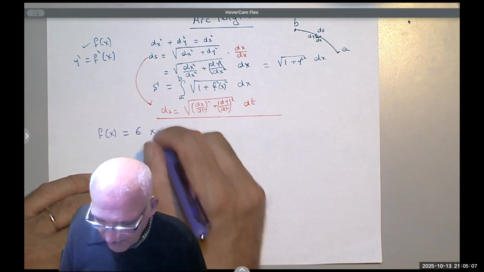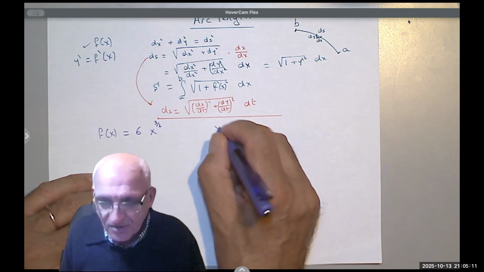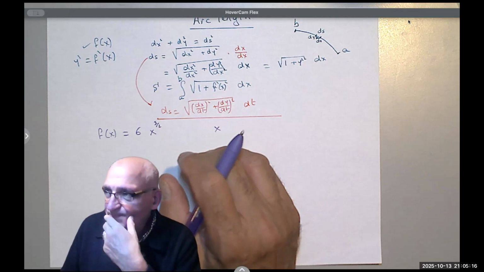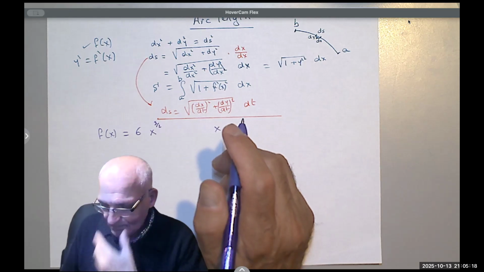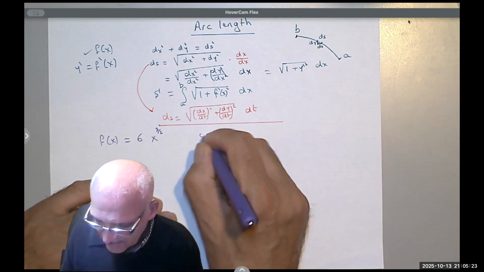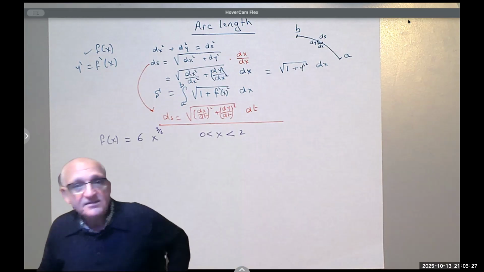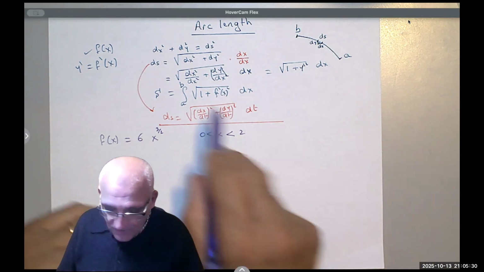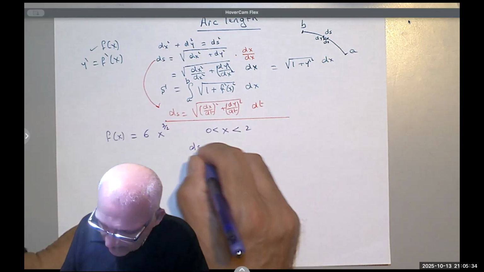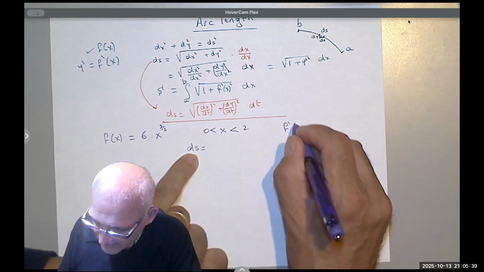6x to the 3 halves. And let's say x goes from, what can we do? Let's take an easy one. So let's say greater than 0, less than 2, something like that. So according to this equation, I can write ds. First of all, what I need is f prime of x, right?